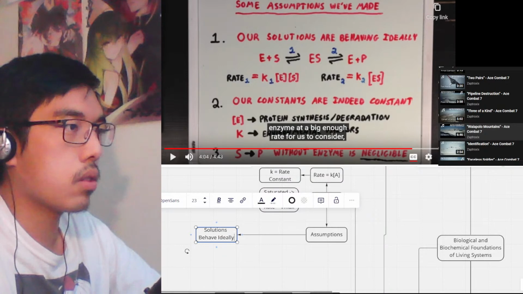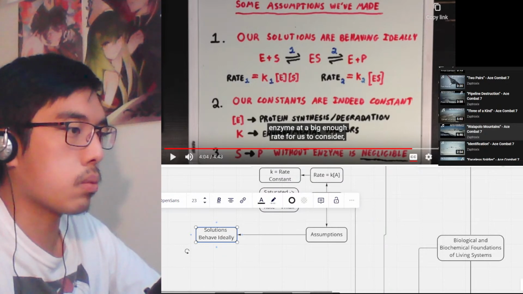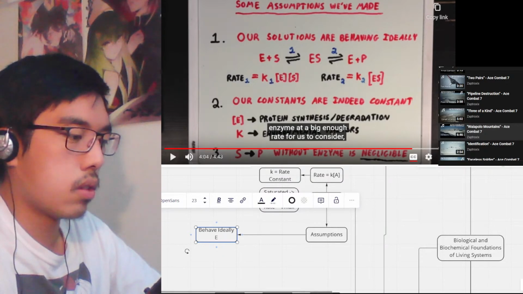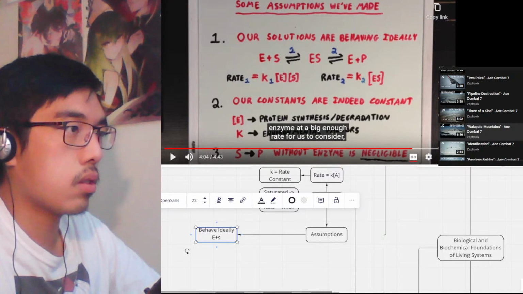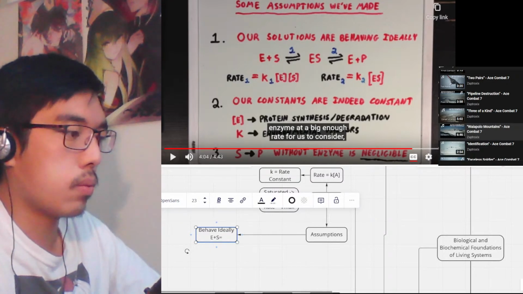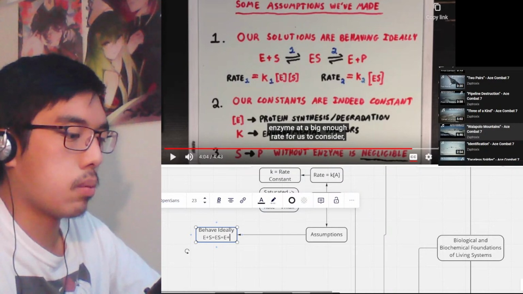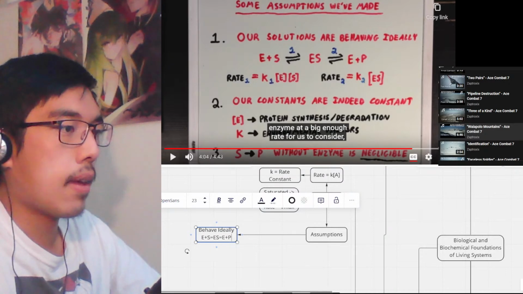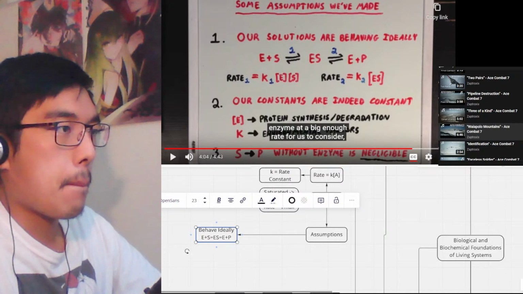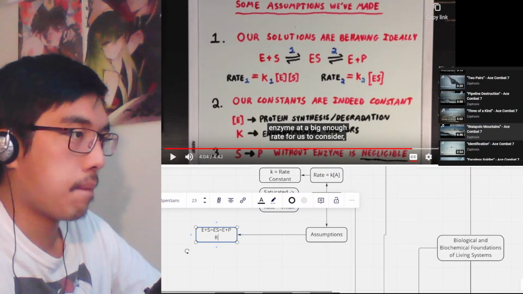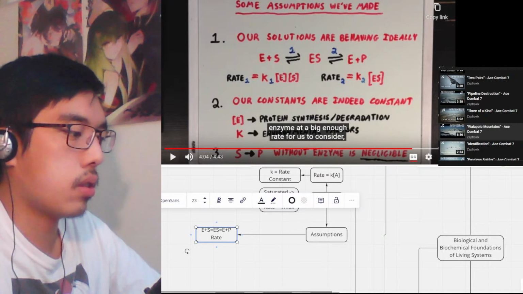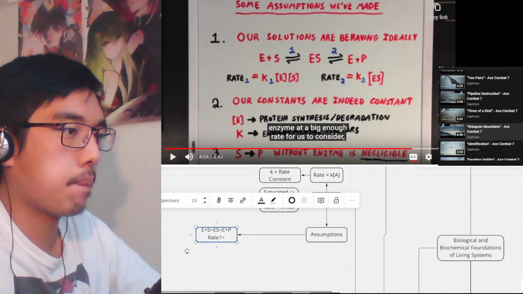Really means that this will be S to ES to E plus P with rate 1.